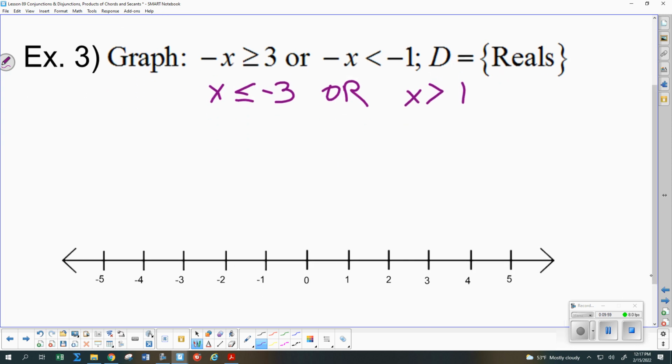And now if it makes one true, we shade it. If it makes two, great, but all it has to do is make one shaded. So x less than or equal to -3 with reals. And we got that second arrow on there. Those all make the first one true. X greater than 1, those all make the second one true. So we shade both parts and keep both parts.